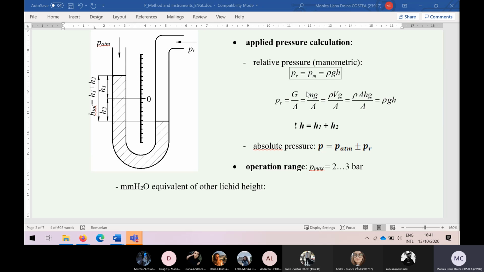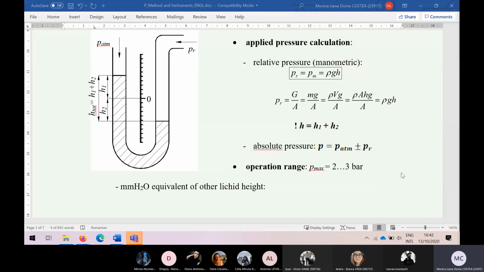If you replace the mass by density times volume, and the volume by cross-sectional area times the height, you will get this very well-known expression, where h, again I'm insisting, is the sum of the two heights read from zero level to the top and to the bottom.